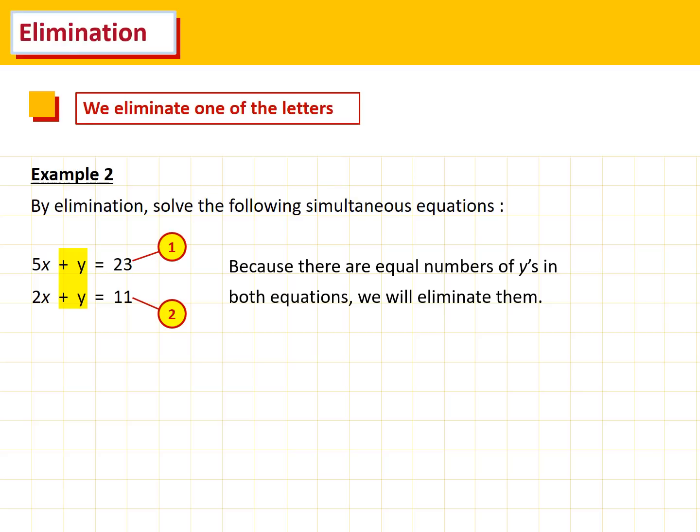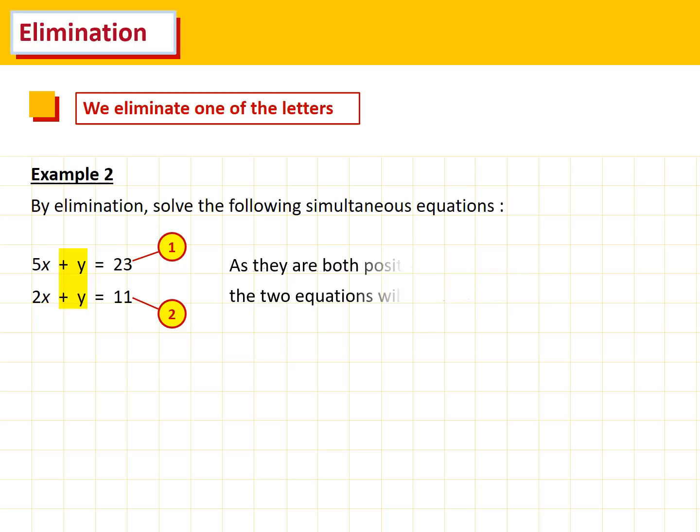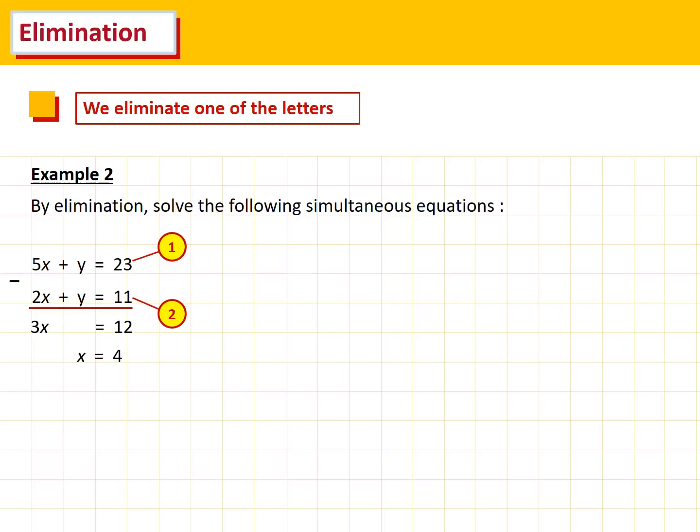Now they are both plus 1y in both equations, so we will eliminate those y's if we subtract the two equations. If the signs are the same, we subtract. They're both plus y's, they're the same, we subtract. So 5x take 2x is 3x, the y's disappear, and 23 take away 11 is 12. So 3x equals 12, 1x must equal 4.